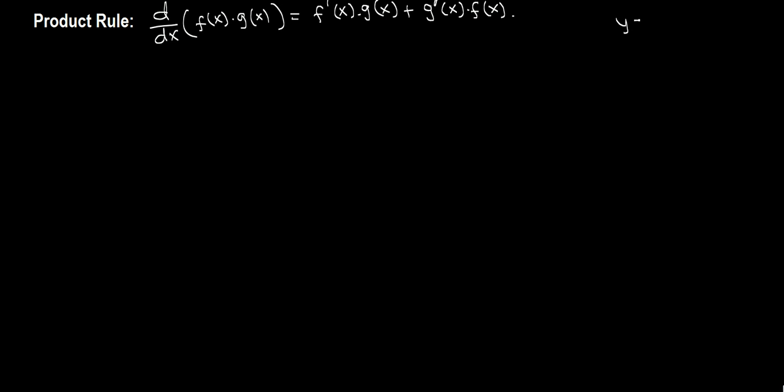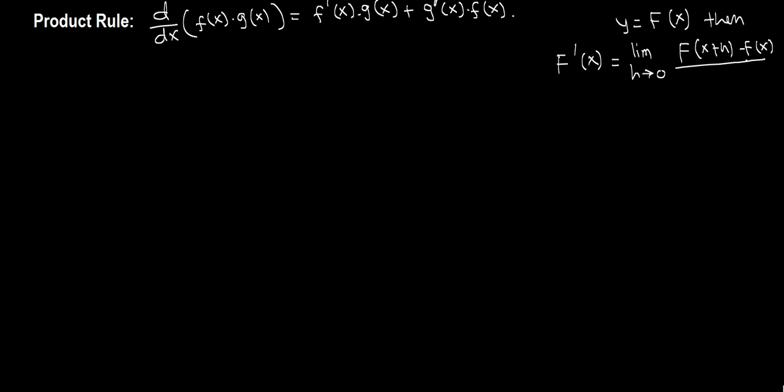Suppose y equals, let me write down uppercase F, then the derivative F prime of x, or d over dx of F of x, same thing. That's just simply the limit as h goes to 0 of our function, uppercase F of x plus h minus F of x, over h.